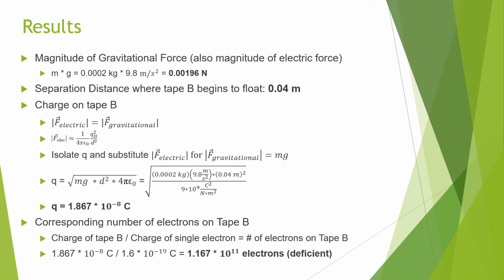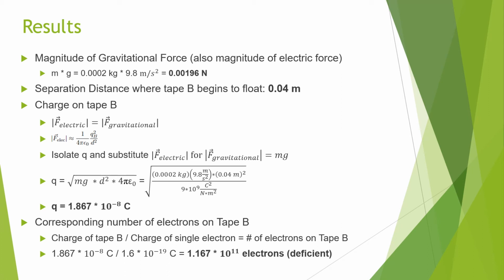Using the discussion in the previous slide, we now know that the magnitude of the gravitational force and the magnitude of the electric force is 1.96 times 10 to the negative 3 newtons. From the experiment, we found out that the separation distance where tape B begins to float is 0.04 meters. Using these values and the electric force equation, we found that the charge is 1.867 times 10 to the negative 8 coulombs.